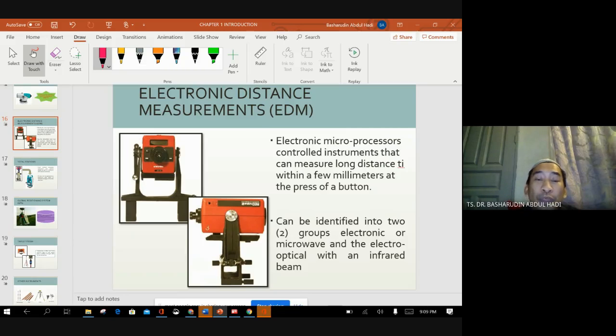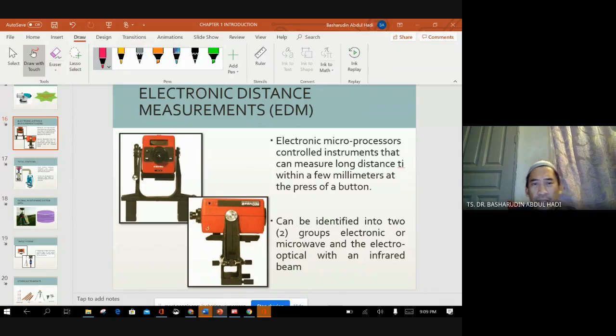Number two, it uses radio frequency, either short wave or medium wave. So this is an innovation, something like a revolution from tape to electronic distance measurement, and lastly we have the total station.